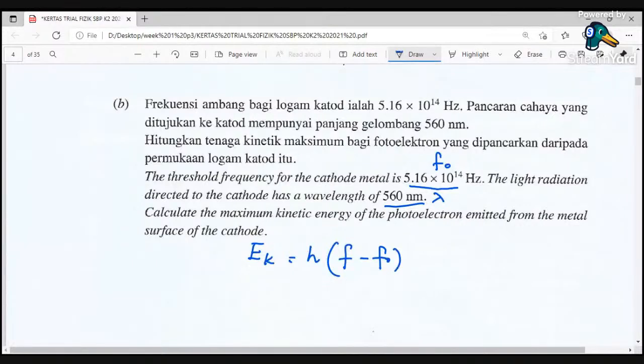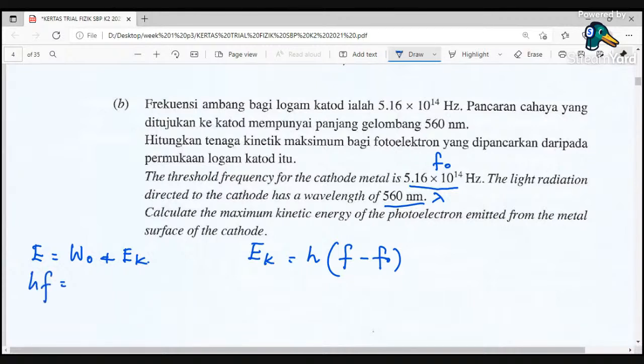The equation we have is something like this: kinetic energy equals to work function plus kinetic energy. So hf is energy of photon.